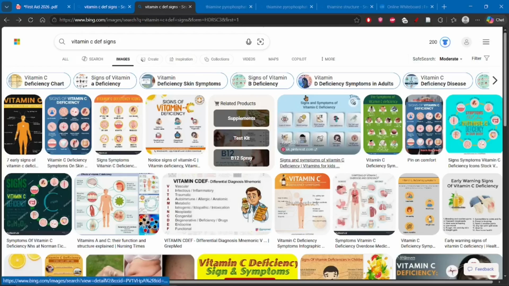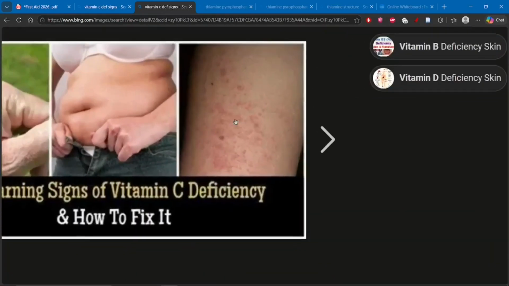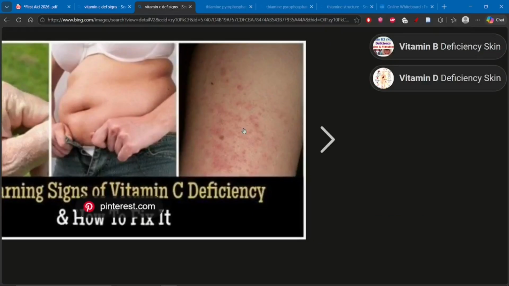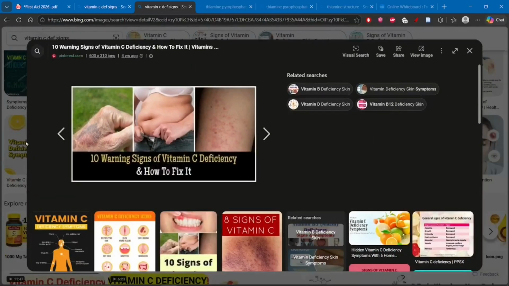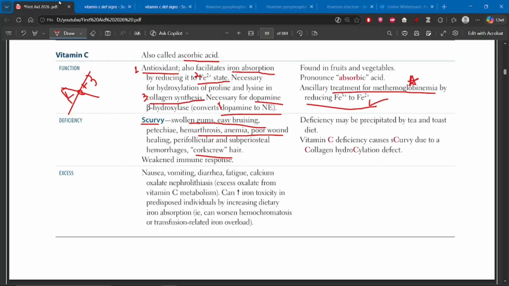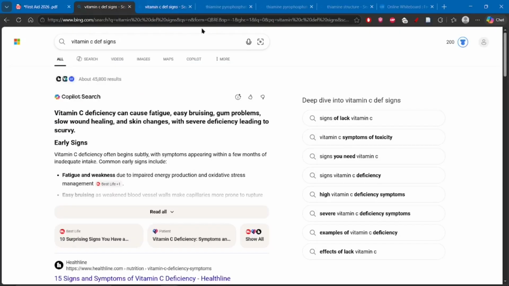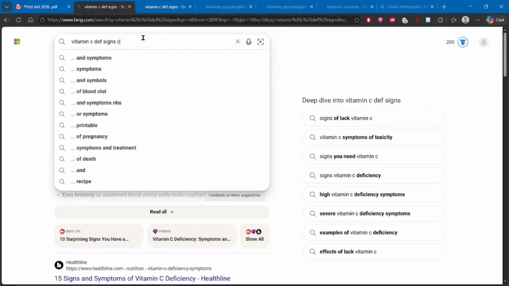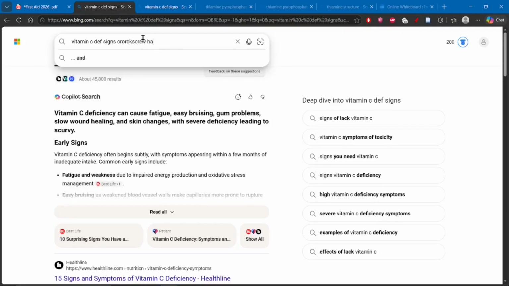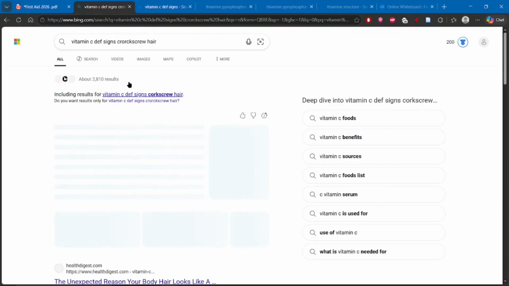That is what you can get. Let me show you guys. You can see these hemorrhages, right? And the corkscrew hair here is also important. Let me show you, because I've seen them in your world.